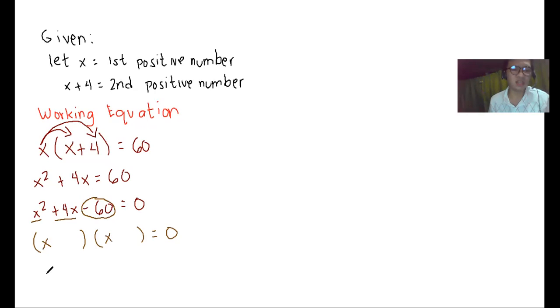So we can say here, what are the two numbers that when multiplied equal negative 60, but when added equal positive 4? Negative 60 came from the last term and positive 4 from the middle term.